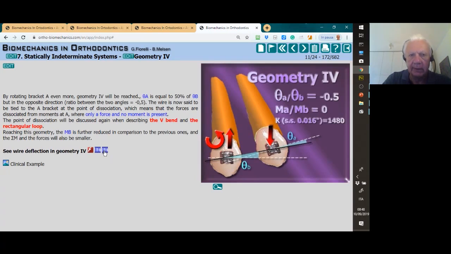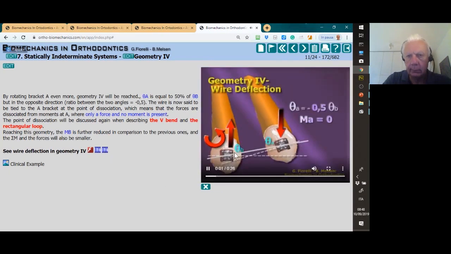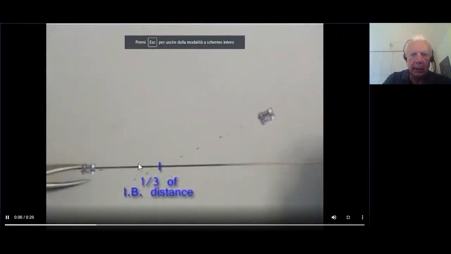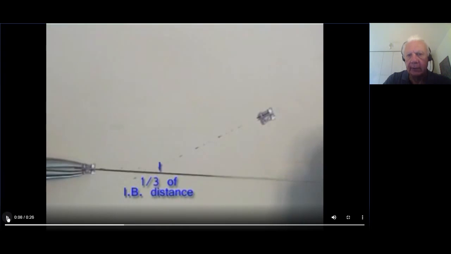In geometry 4, I can see a similar thing. I've just changed the position of the bracket so that we reproduce a geometry 4. Look that we have these two lines corresponding to the orientation of the slot, and these are intersecting at 1/3 of the interbracket distance.